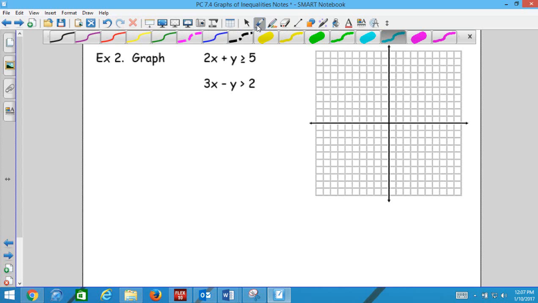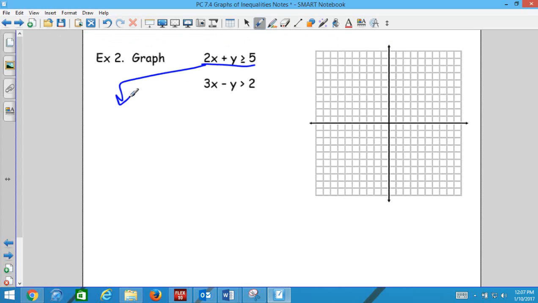All right, first one is 2x plus y is greater than 5. I'm going to treat that like equals when I'm solving it. I'm going to find my x-intercept. I'm going to find my y-intercept. I'll find my slope. I only need 2 pieces of information. I'm going to find more just for notes. X-intercept, you make y 0 and solve for x.